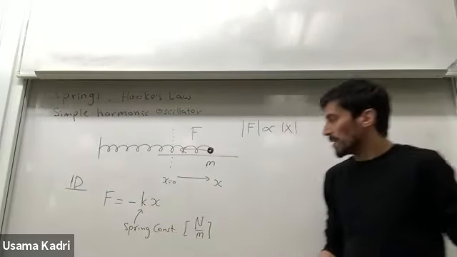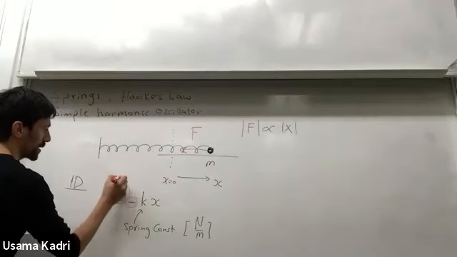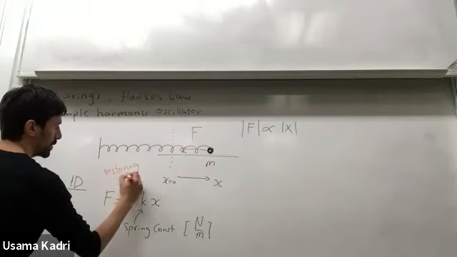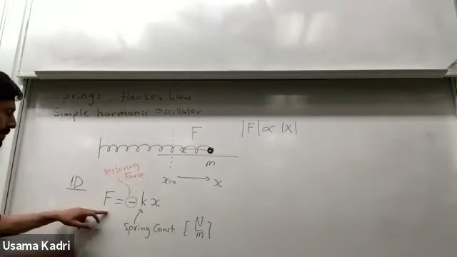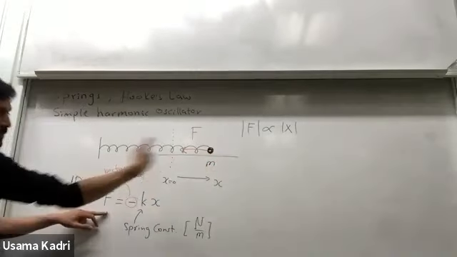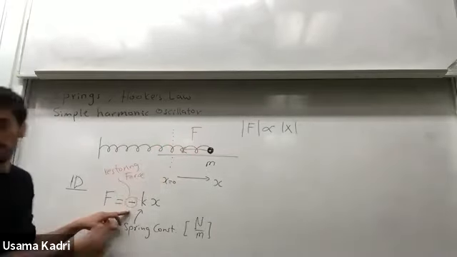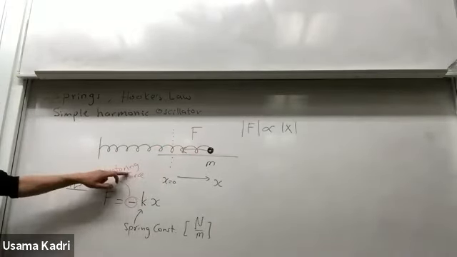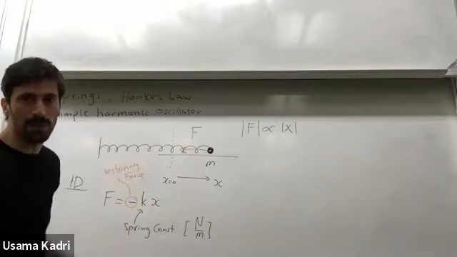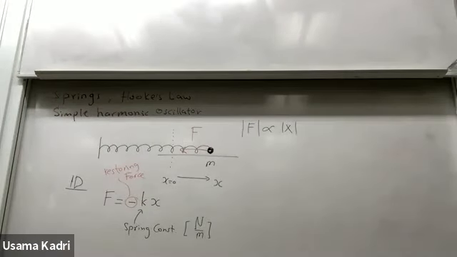The minus sign is telling me that it's a restoring force. Whenever I'm on this side, it wants to bring me to the minus side, so the force is in the opposite direction. Whenever I'm here, minus times minus is a plus, the force is in the plus direction. It's a restoring force.